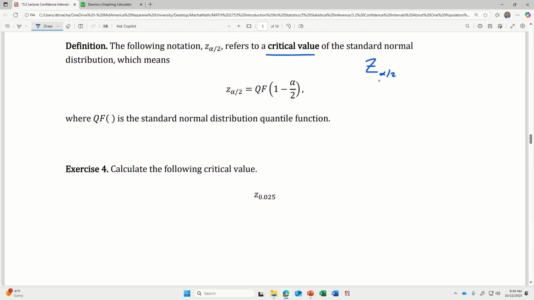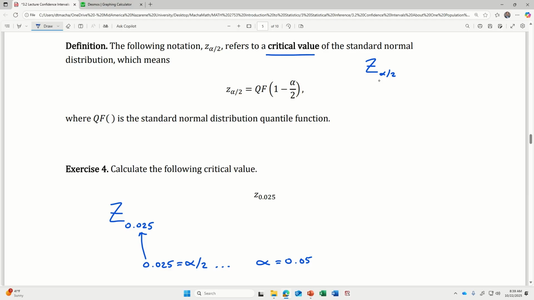I'll show you examples. If I wanted to calculate the critical value with subscript 0.025, well, when I look at the 0.025, that tells me that alpha, my level of significance, must be 0.05.